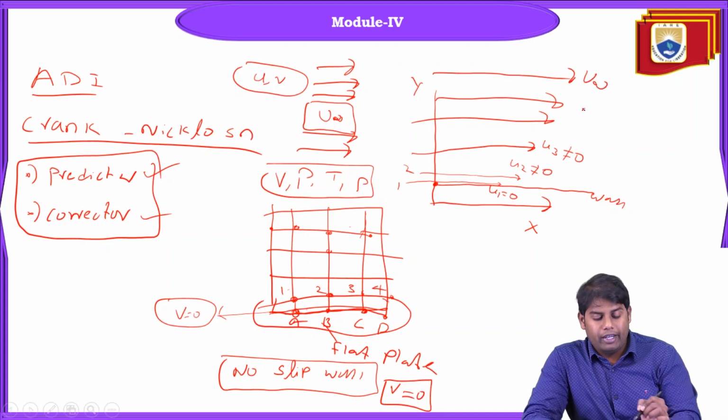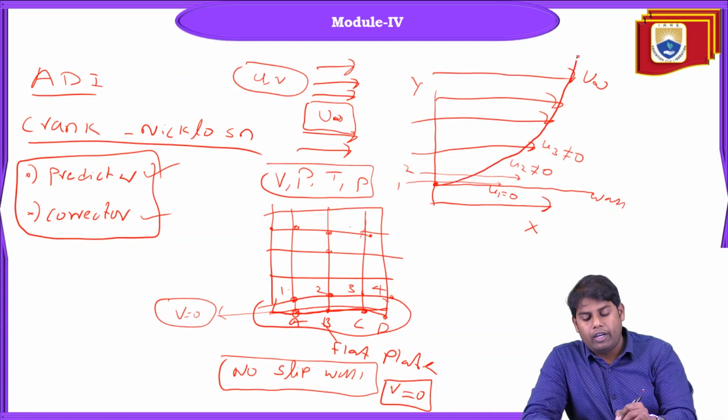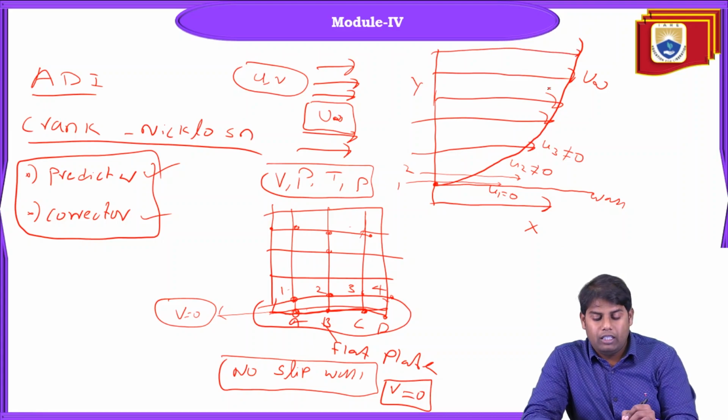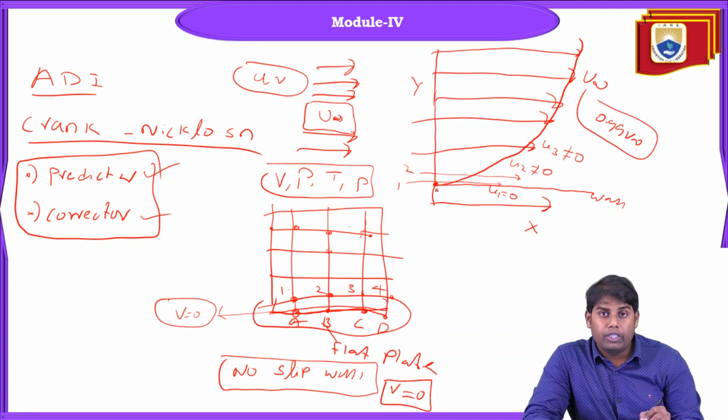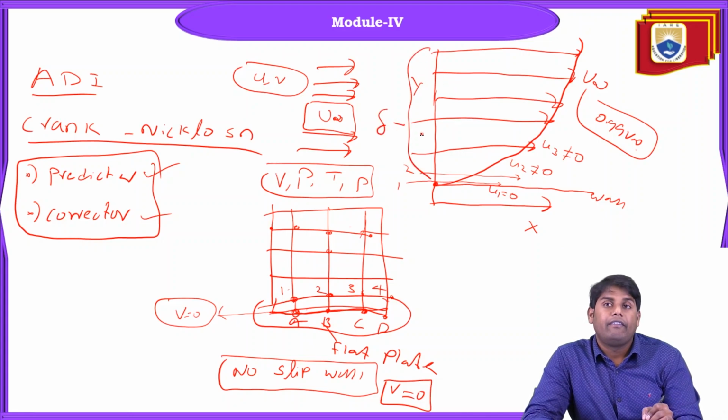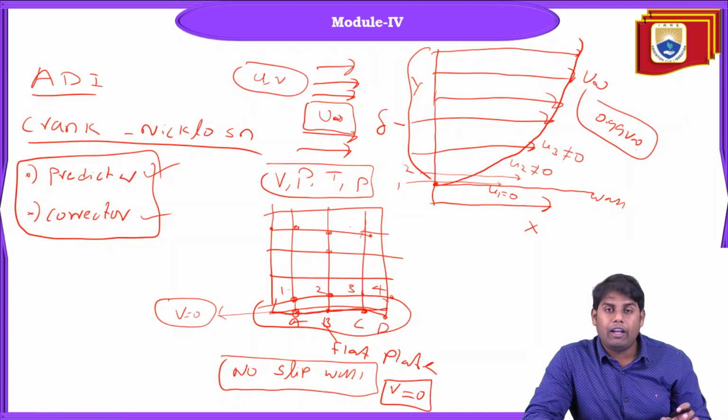When you collect these points, you will get a profile. This is the boundary layer profile, up to 0.99 times u infinity. From 0 to 0.99 times u infinity, that distance we call delta, the boundary layer thickness. This is the physics we need to capture here in the flat plate.